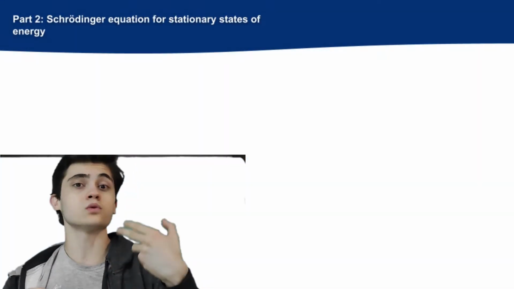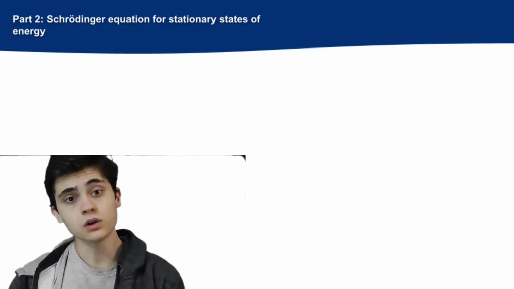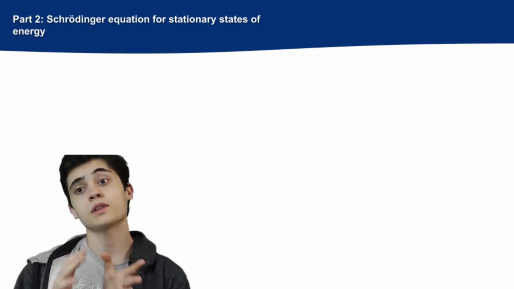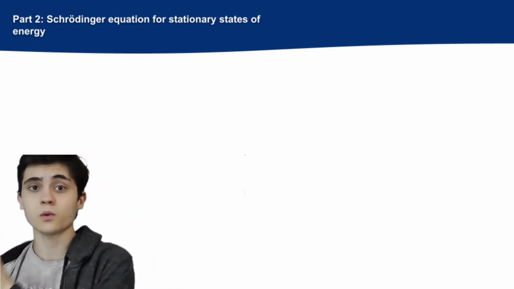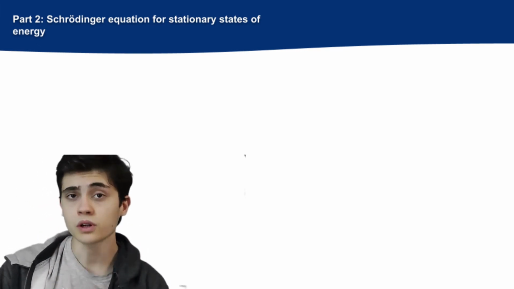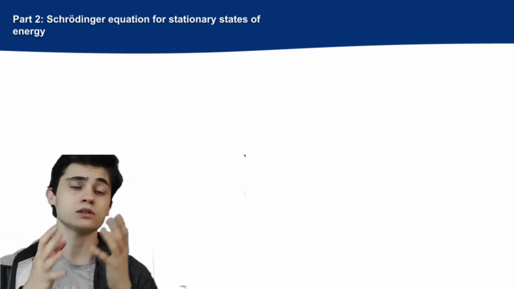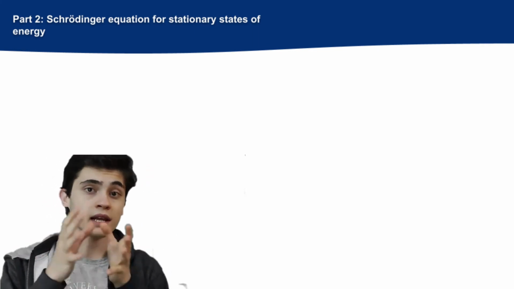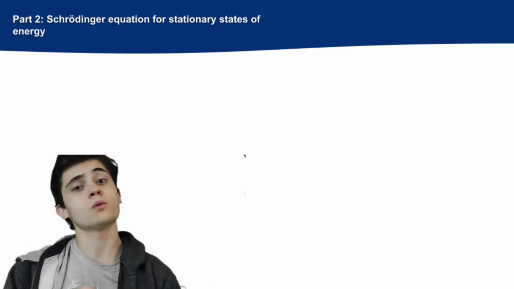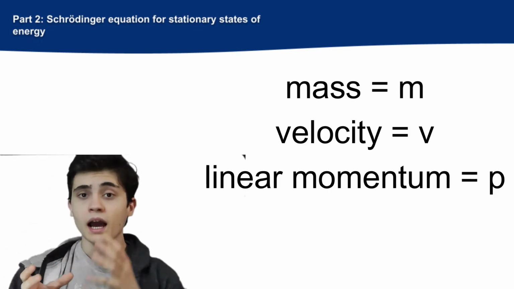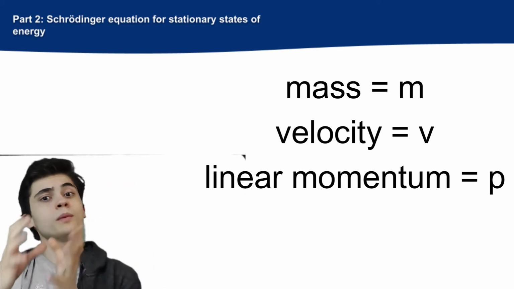Now we are going to see an application of the method of separation of variables for partial differential equations in order to solve the Schrödinger equation for stationary states of energy. So let's consider the Schrödinger equation for a system with a particle with mass m, velocity v, and linear momentum p.